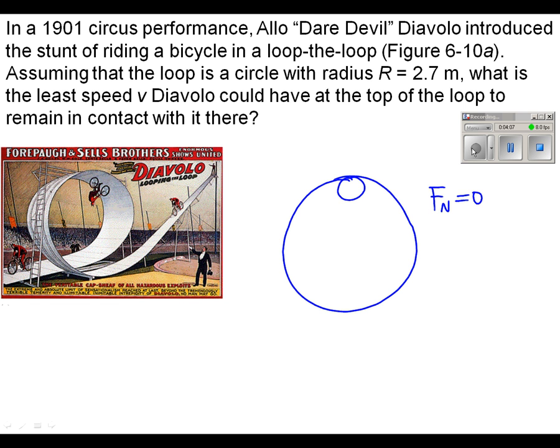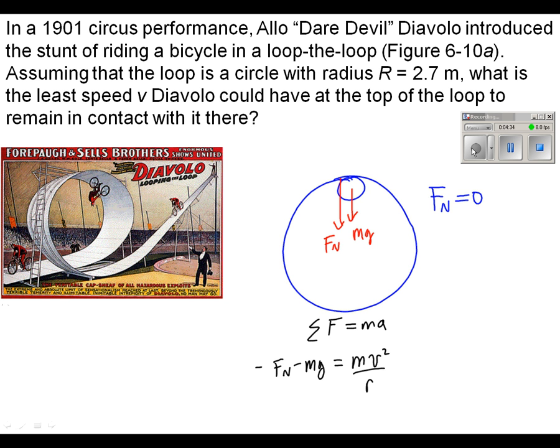Now let's take a look at the forces that are acting. At the very top, this person has a normal force instead of the force of tension. And then we have mg pointing down as well. Now we'll look at sum of the forces equals ma. We have negative normal force minus mg equals mv squared over r.